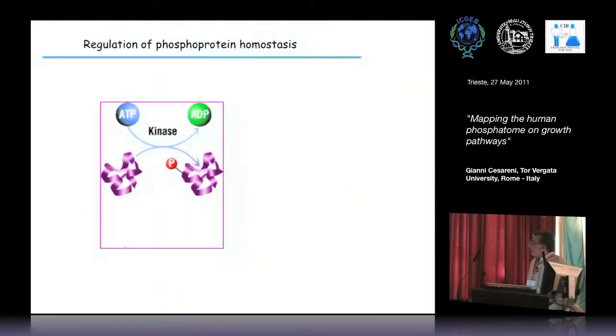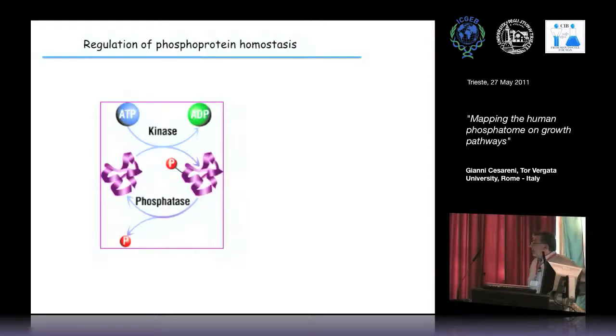Protein phosphorylations are mediated by a large family of enzymes called kinases, while conversely, the reverse activity that removes the phosphate from the protein is governed by another large family of enzymes called phosphatases.